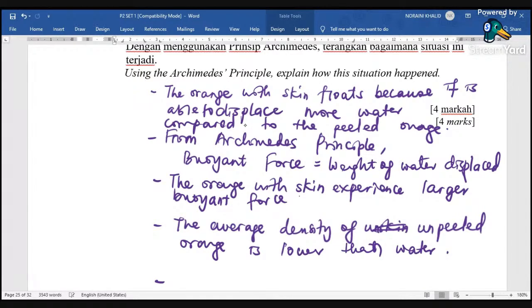Okay, 4 points. Don't repeat the same point. Okay. So I think if you know the principle, you try to relate to the principle. You can quote the Archimedes principle in your answer. Ini boleh masukkan apa-apa konsep ataupun prinsip dalam jawapan. Ini 4 poin, tak perlu tulis banyak-banyak.